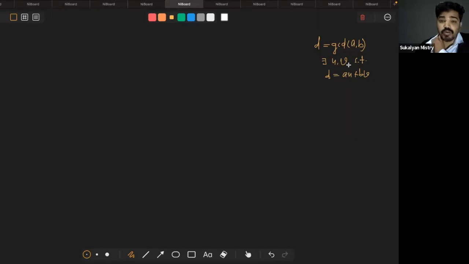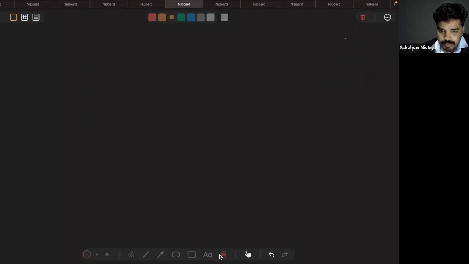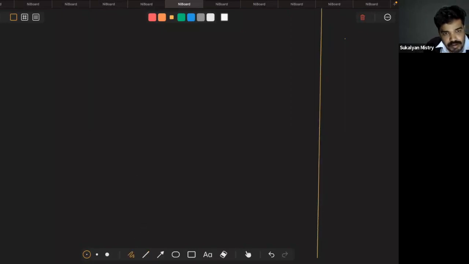The same result holds in a Euclidean domain, so first write down this property.